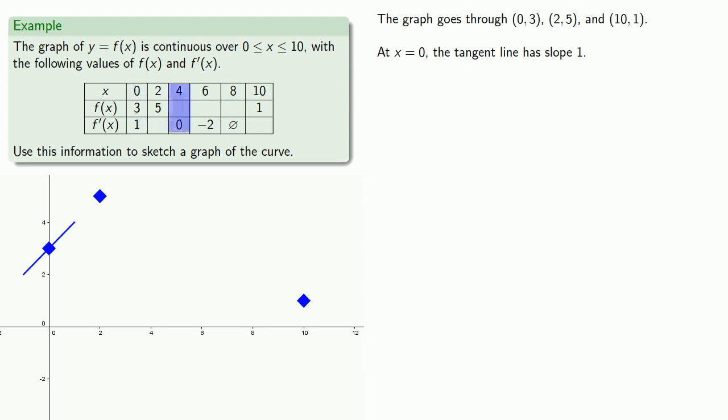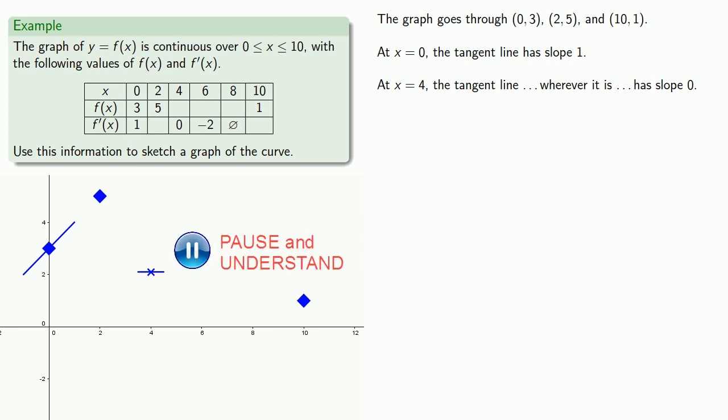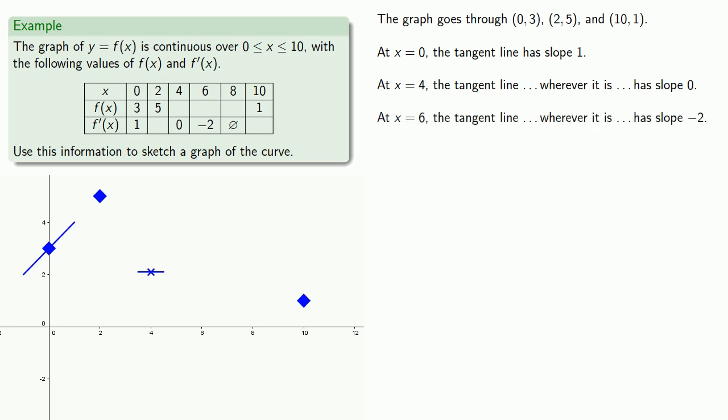At x equals 4, the tangent line, wherever it is, has a slope of 0, so we can set down a placeholder point and run a line segment with slope 0 through it, knowing that we'll have to fix the location later. Likewise, at x equals 6, the tangent line, wherever it is, has slope -2, so we'll set down our placeholder point and run a line with slope -2 through it.